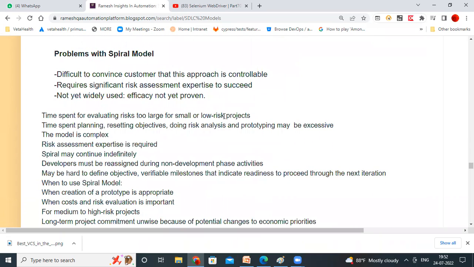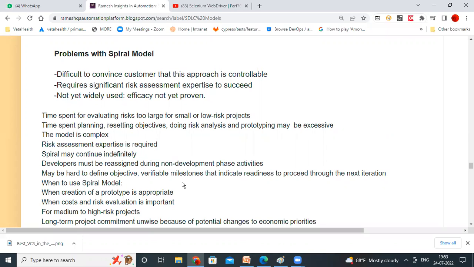The problems with the spiral model are that it is difficult to convince the customer because this is uncontrollable. It requires significant risk assessment expertise if you want to succeed with this model. So nobody used it till now, this model in the market. But in interviews, some people are asking, but nobody used it till now, this spiral model.